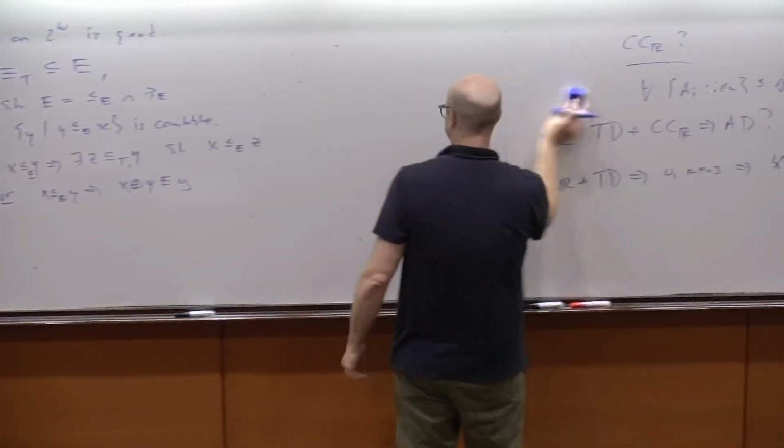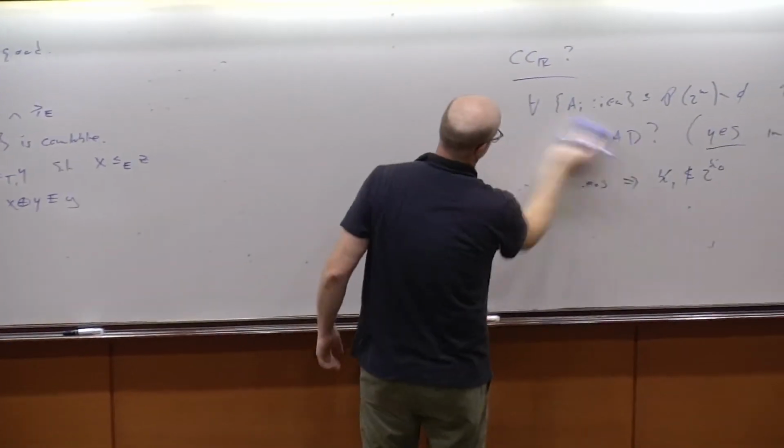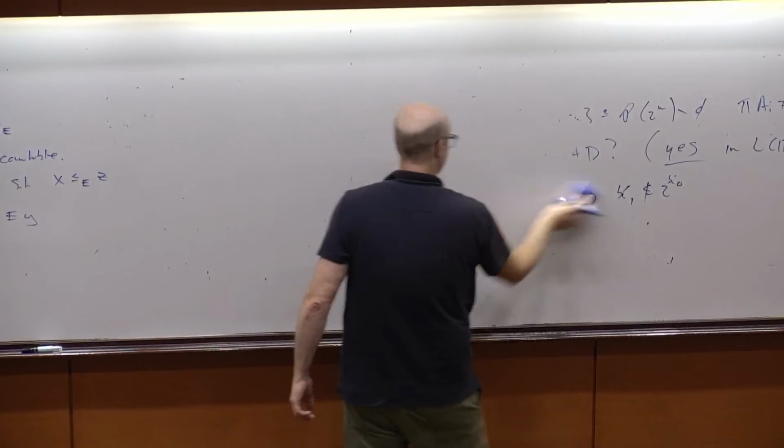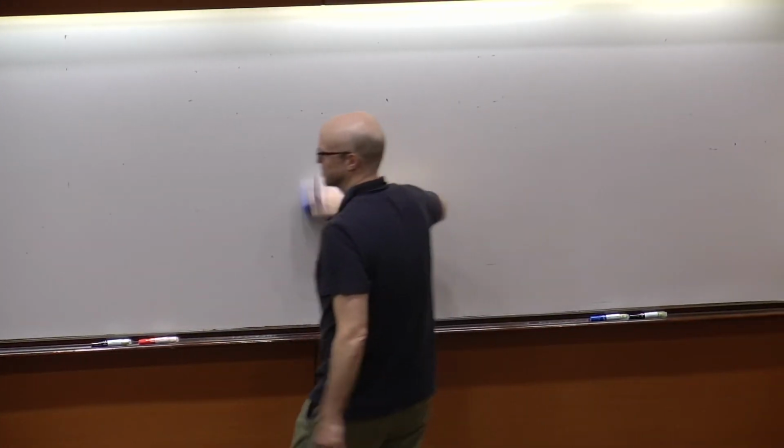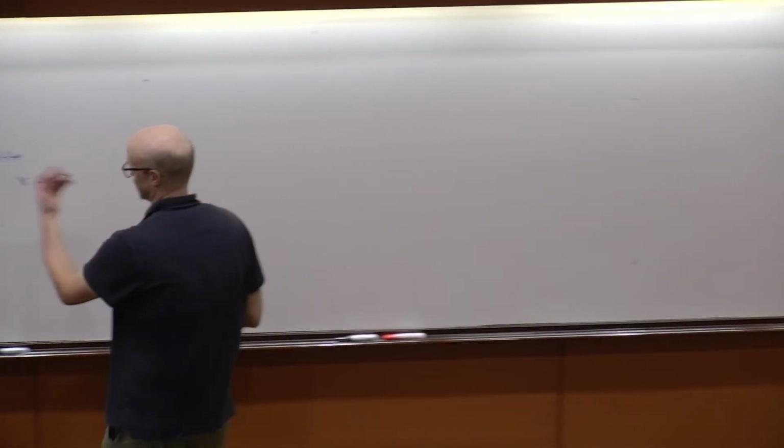Here's the punchline of this thing, which is that sometimes we're going to use Martin's theorem for Turing reducibility, and sometimes we're going to use it for other orders which satisfy these conditions.